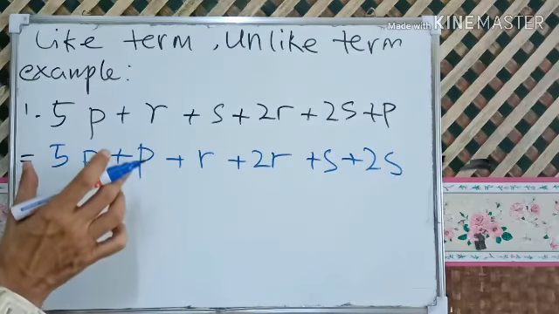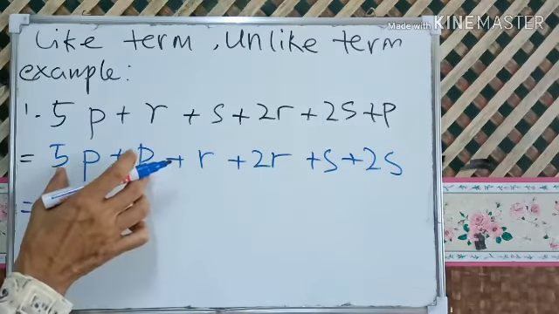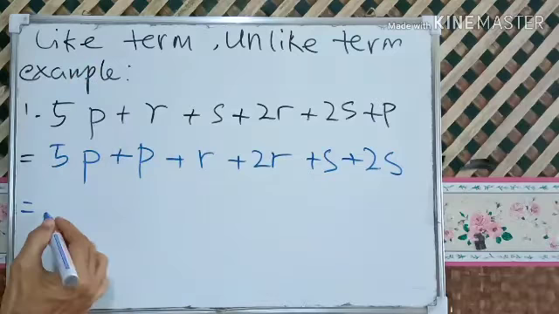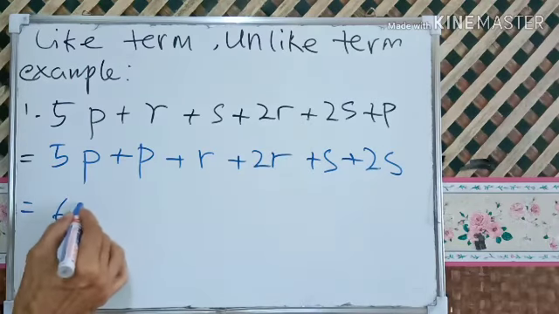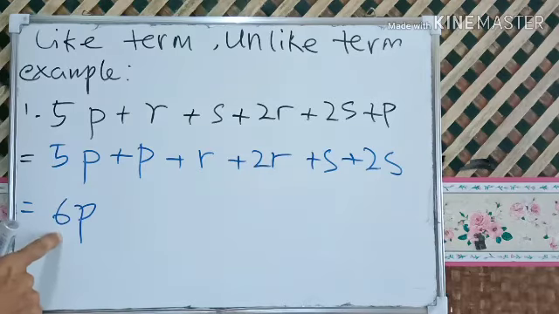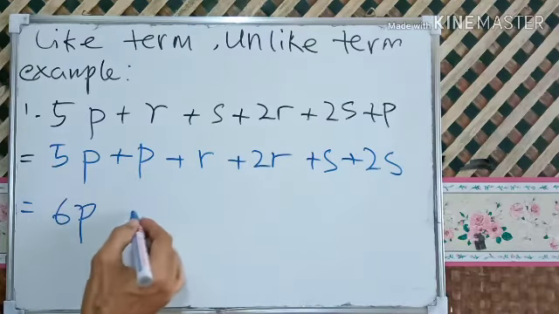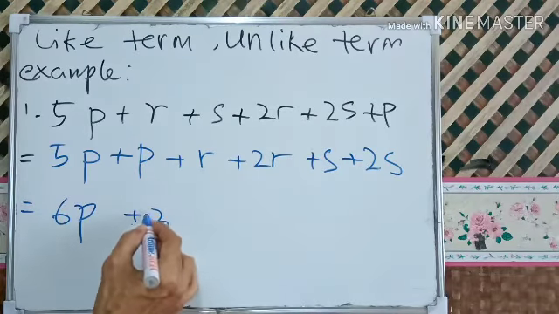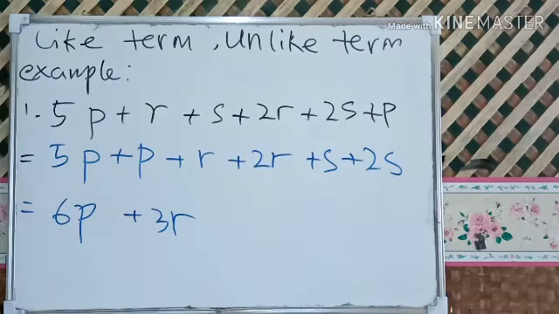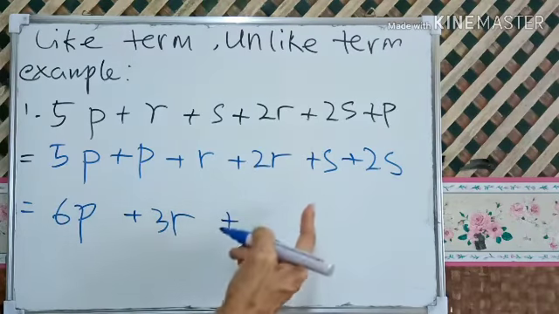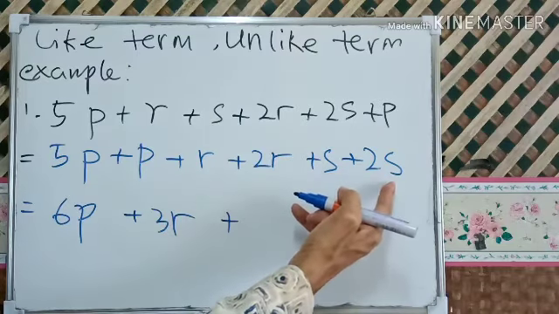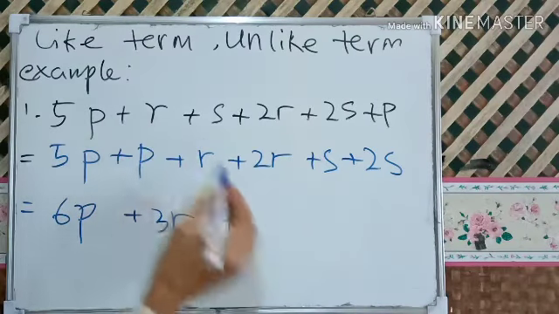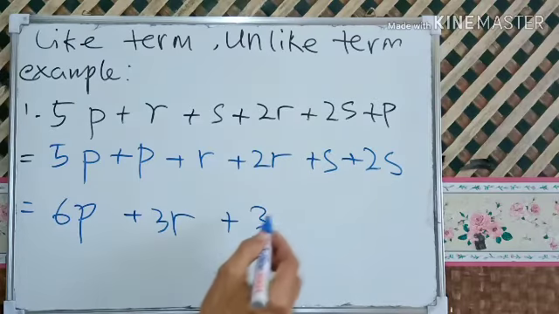We can simplify this expression by grouping the same variable, like terms. p plus p is 2p, this is one term, and r and 2r will be another term with r, and the last one, s and 2s, put together into one term because they are like terms, 3s.